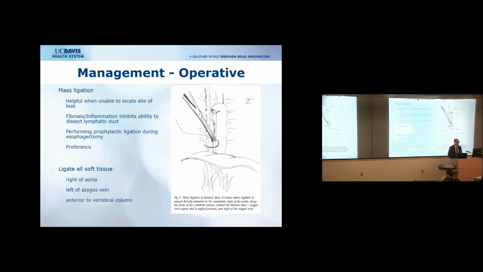There are many series that say it brings the leak rate down from around 4% to about 2%. At this point, it's still oftentimes left up to surgeon preference and experience. The maneuver for this is to ligate all the soft tissue to the right of the aorta and to the left of the azygos vein and anterior to the vertebral column, as you can see in the slide.